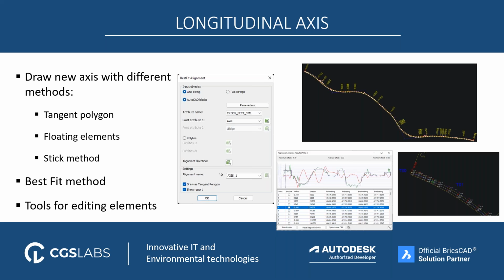This will give us the best approximation of main elements through the desired points or point attributes without actually drawing them manually one by one. So we have this best fit alignment window, and we will also get the report and our alignment.